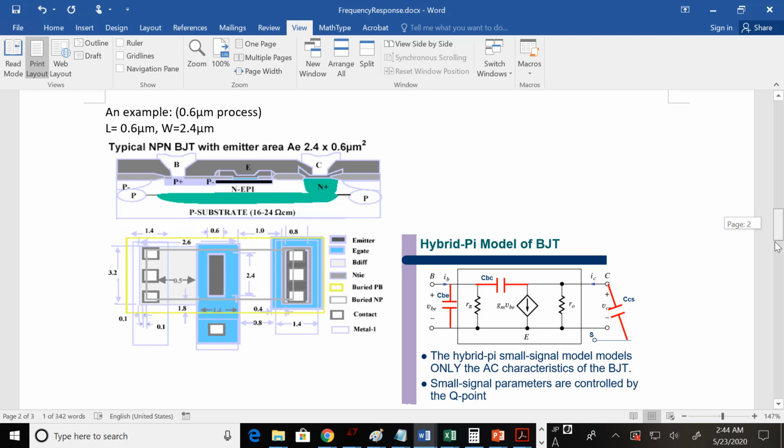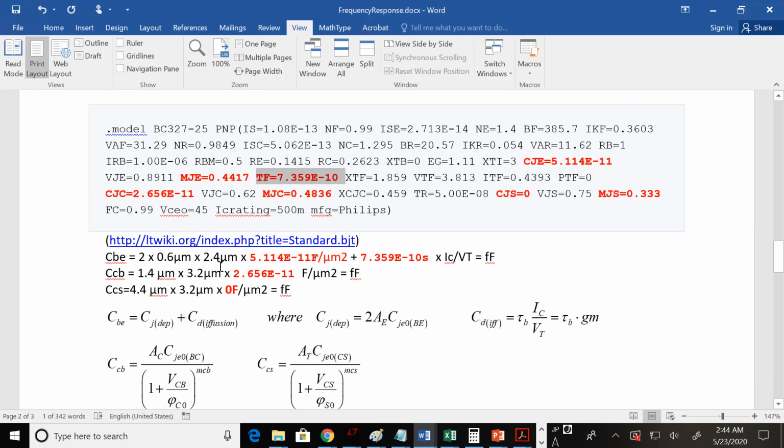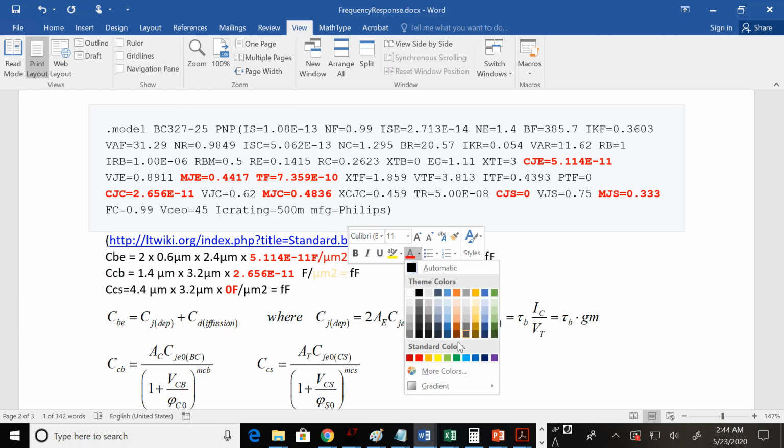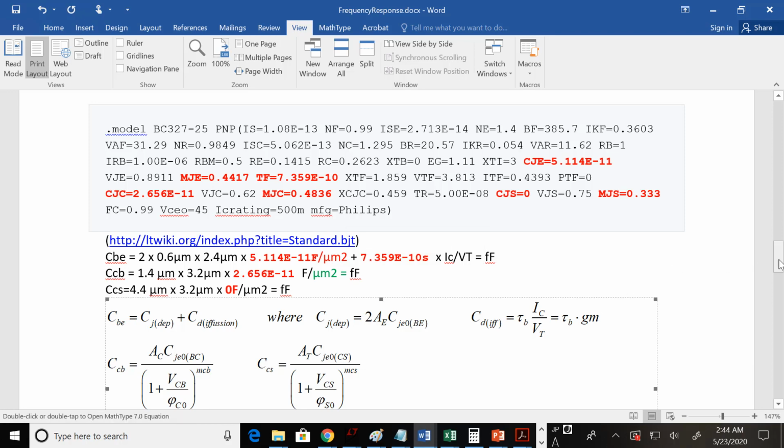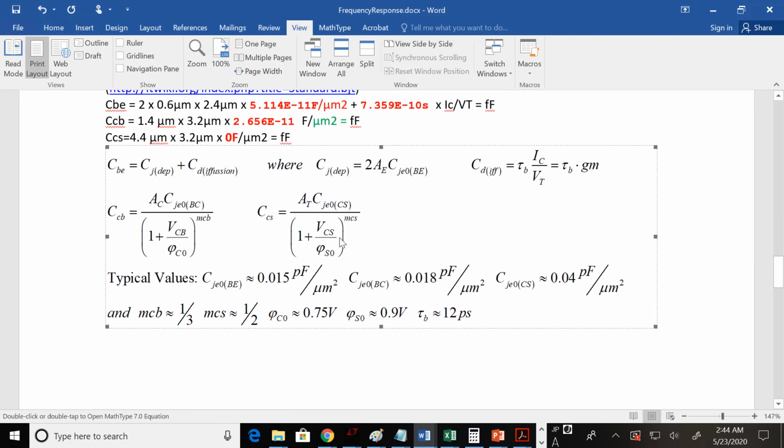So this should be 3.2 times 1.4 times, I left the equations here, times the zero bias junction voltage, and I apparently am missing the denominator on this, so I'll fix that. And from that, you can find those capacitance values.